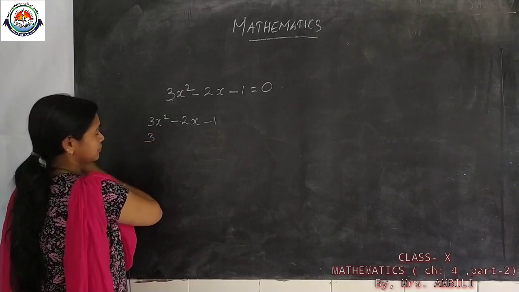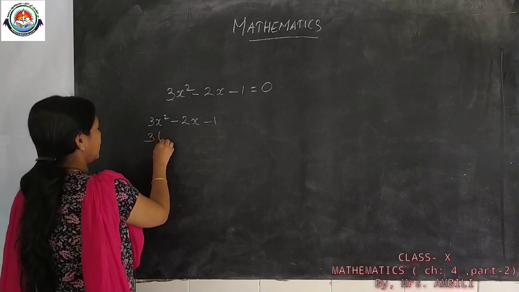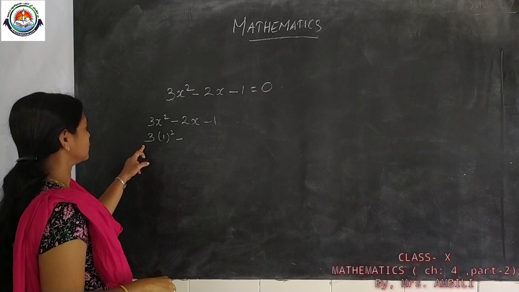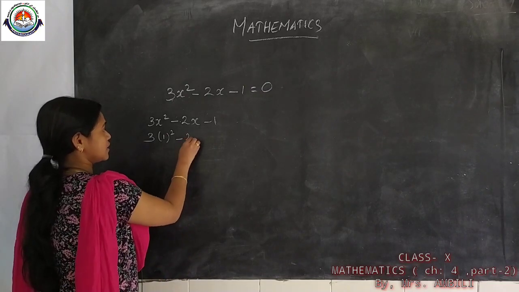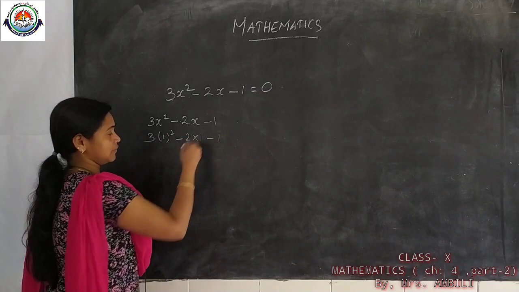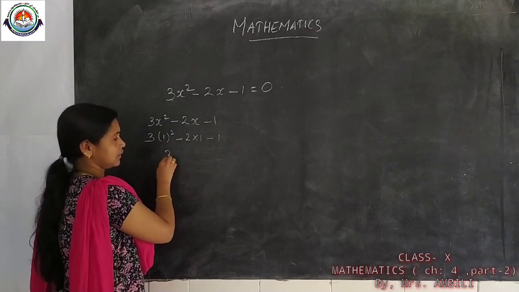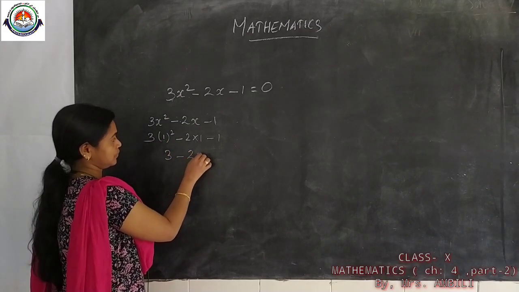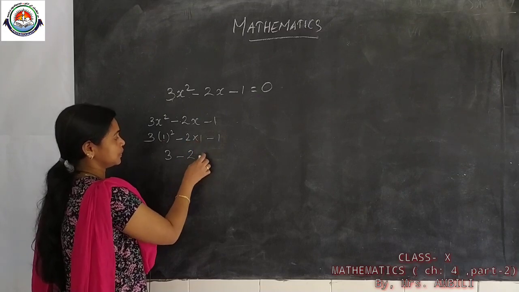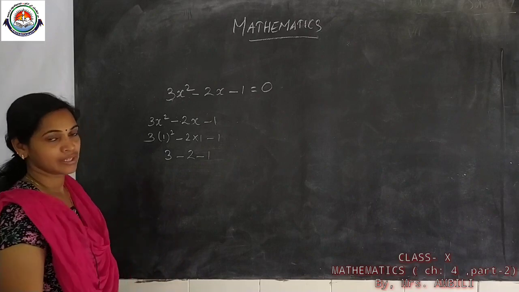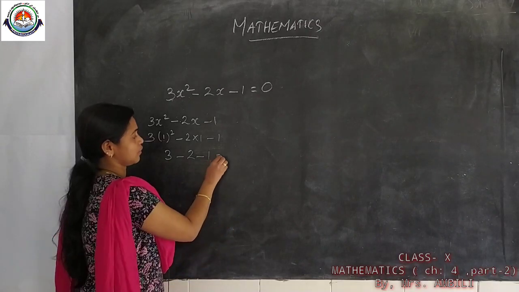So, look, 3 into 1 square, replacing x by 1. So, 3 into 1 square minus 2 into 1 minus 1. What is the answer? 3 into 1 square, 3. Minus 2 into 1, 2. 3 minus 2, 1. 1 minus 1, 0.